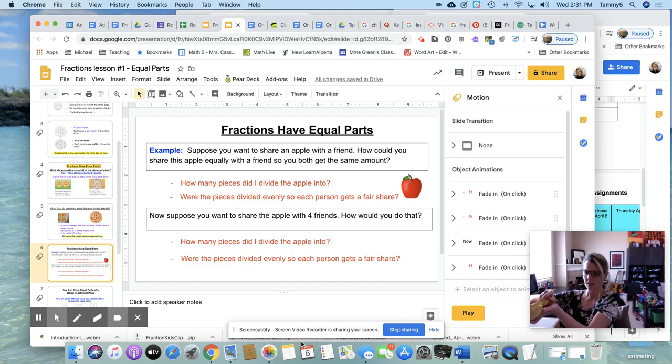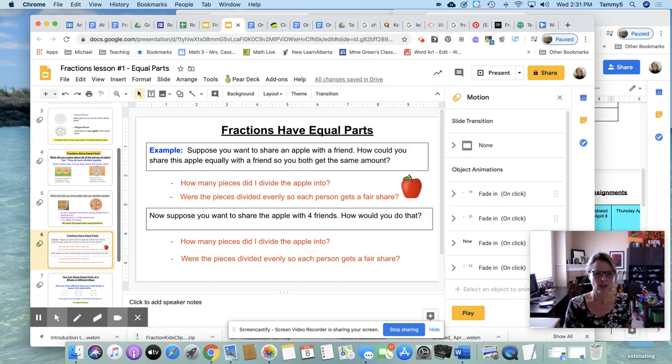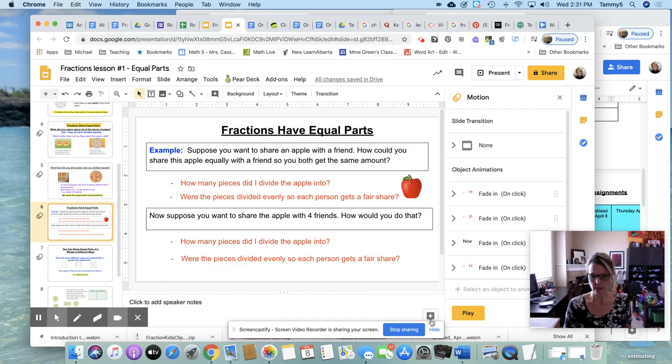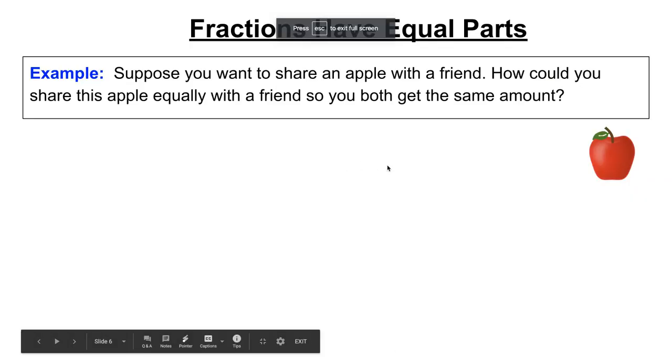Okay, so here's now my 4 equal pieces of apple. And then all of my friends, the 4 of us, we would each get an equal share or a fair share. So I'm going to go back to my screen and continue with my presentation.